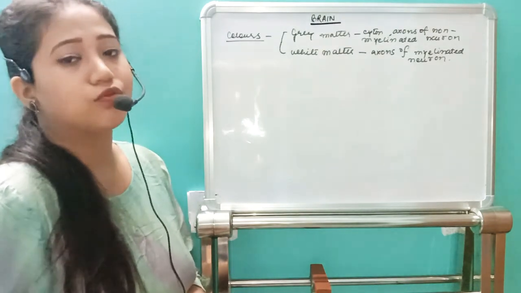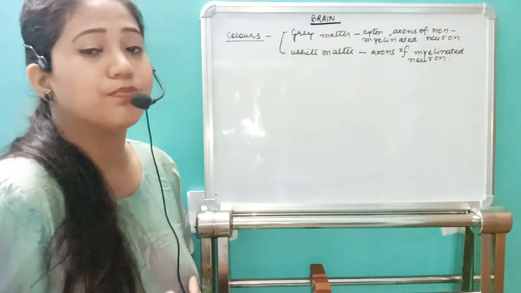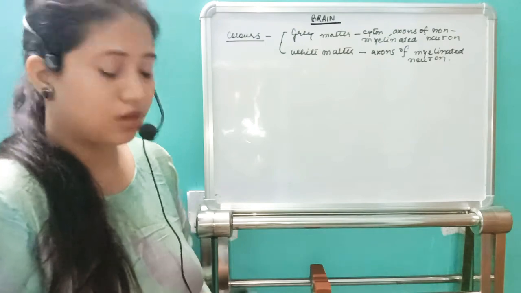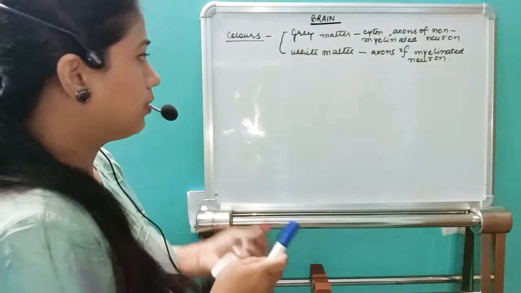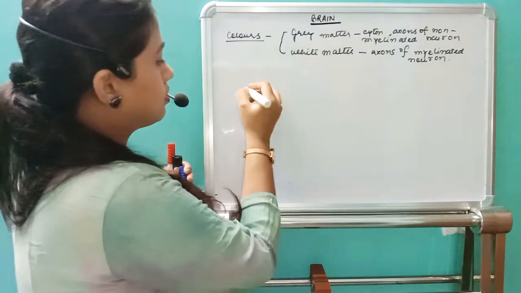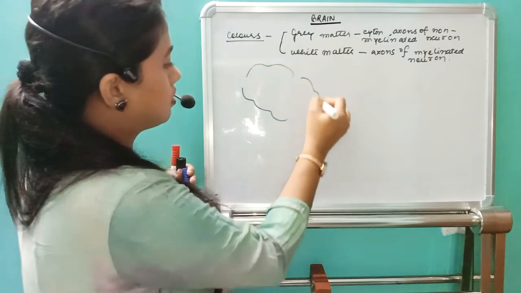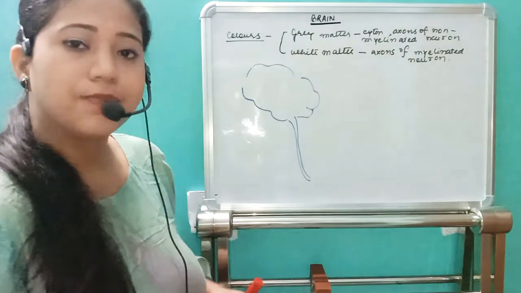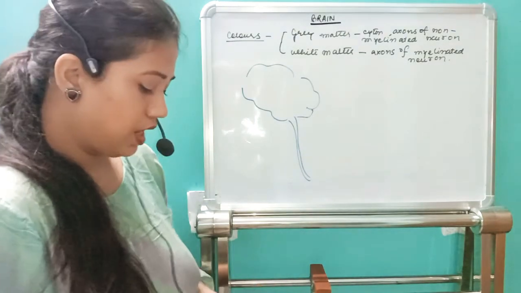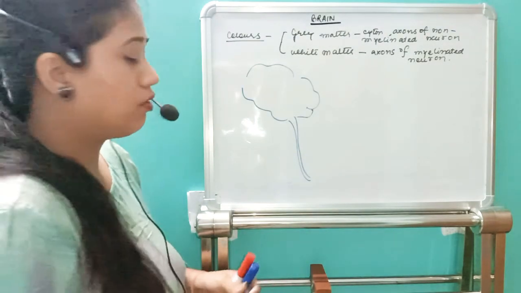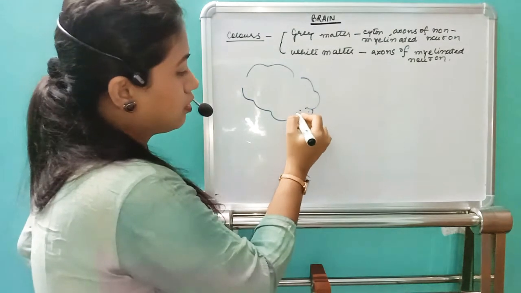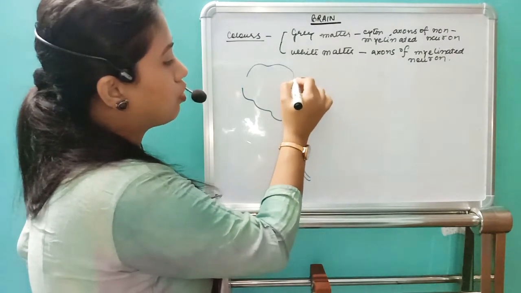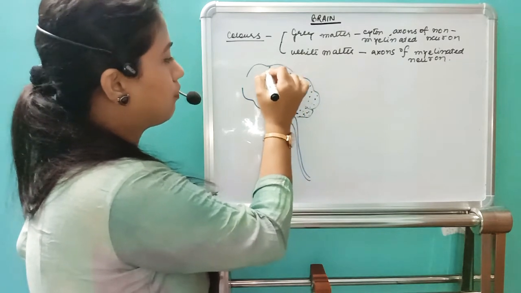Now after that, let's move to the next part: in which part of the brain do we have the white color and the gray color. Let's see here. Suppose this is the brain and this is the spinal cord. I will tell you about this together. In the brain, towards the periphery, we have gray matter. Towards the periphery we have the cytons of the neurons and the non-myelinated nerve fibers.